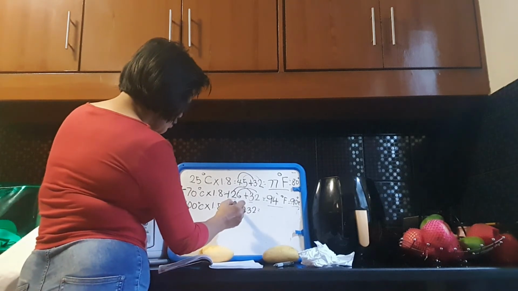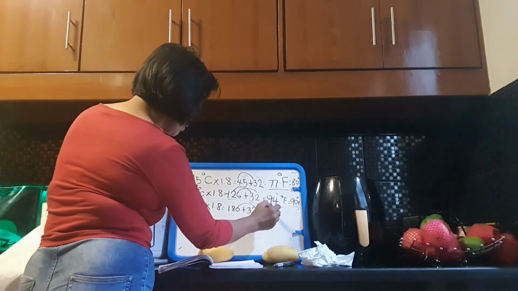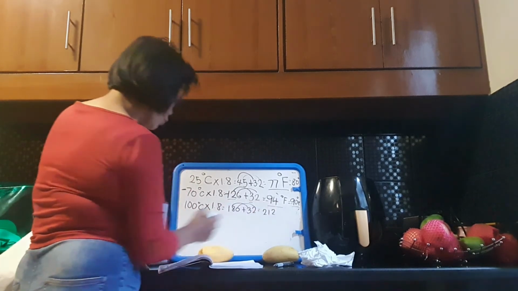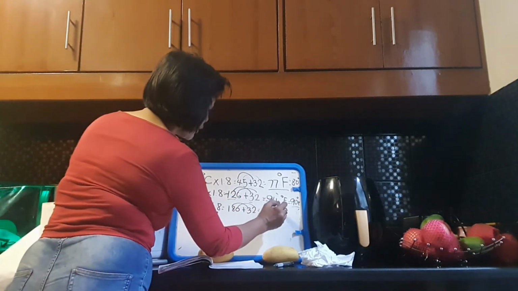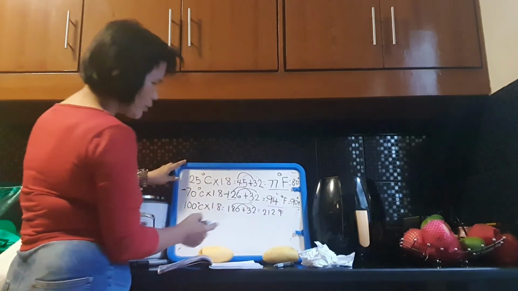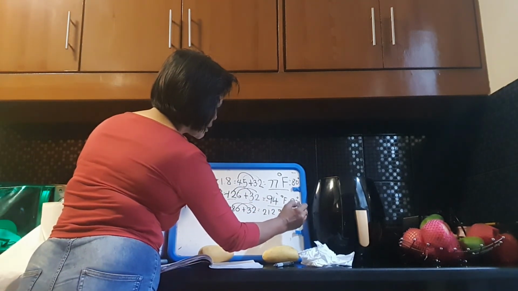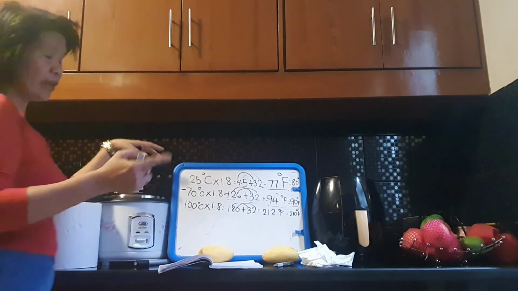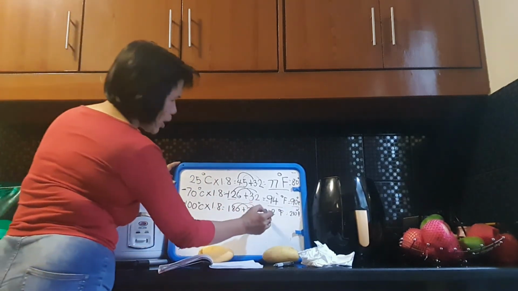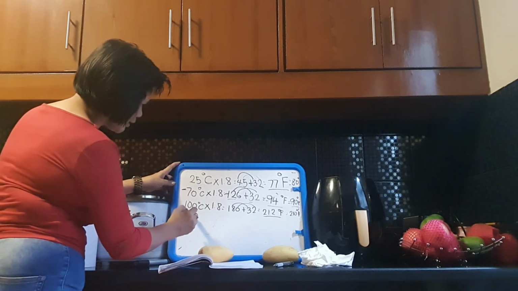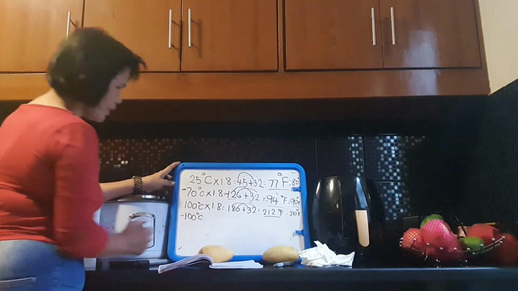So, 180. So, 0 plus 2, that is 2. 8 plus 3, 11. Carry 1, that is 2. So, 212 degrees Fahrenheit. Kapag ni-round off, that would be 210 degrees Fahrenheit. Okay. Kasi meron dyan rounding off. Ito yung actual niya.